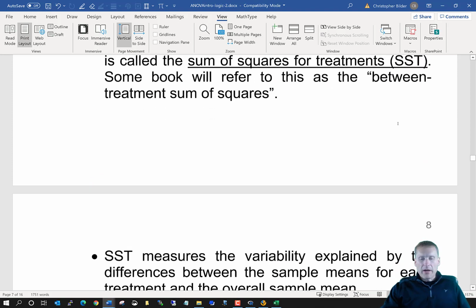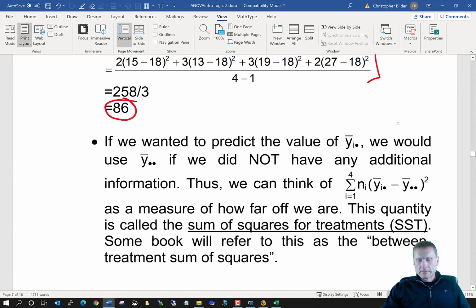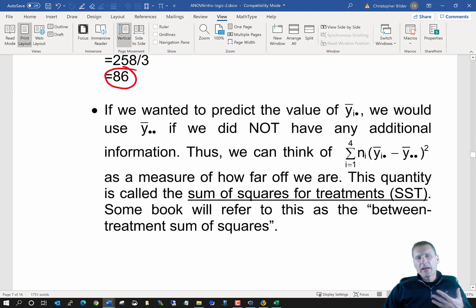Let's see, so now we're on bottom page 7. And we can also think of it in terms of this prediction as well. So, if I didn't have any other information other than, let's say, the overall mean sales for all the 10 stores, it would make sense then that if I want to predict how an individual design type is going to do at a set of stores, I would try to predict that with that overall mean.